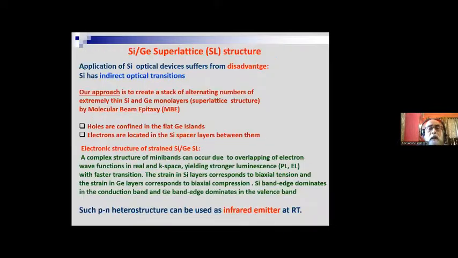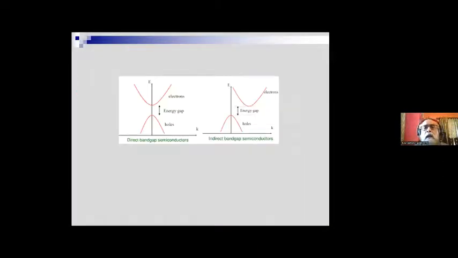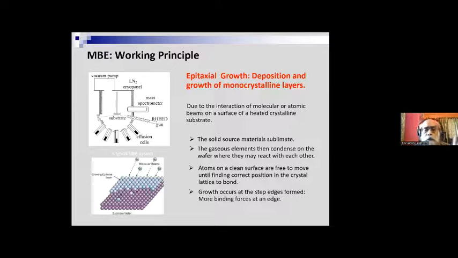Now, I'm not going to talk more about the physics behind it, but the methodology we are following is an epitaxial method to grow silicon germanium superlattice structure. This is basically a schematic diagram of a molecular beam epitaxy device, where you have a substrate and a metallic stainless steel chamber.